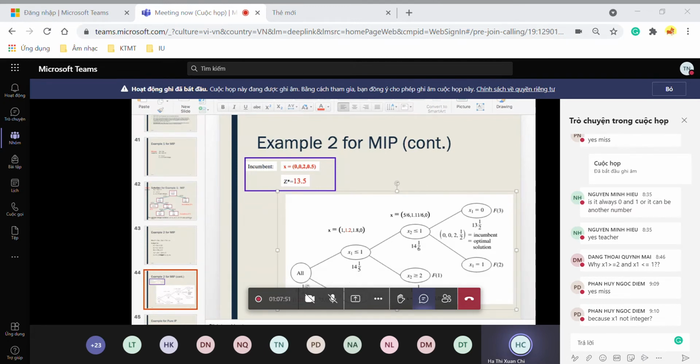Because x1 is not integer. So in here it needs integer, we consider this one, why don't we consider x1 greater than 0 and x1 greater than 1, but we consider x1 equals 0 and x1 equals 1.